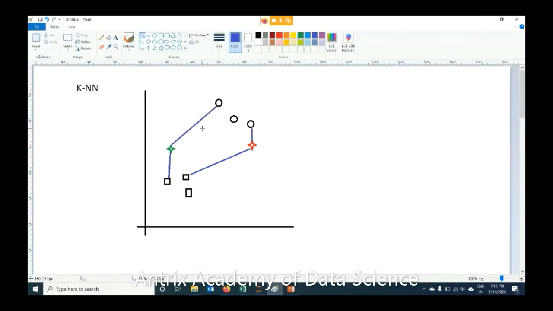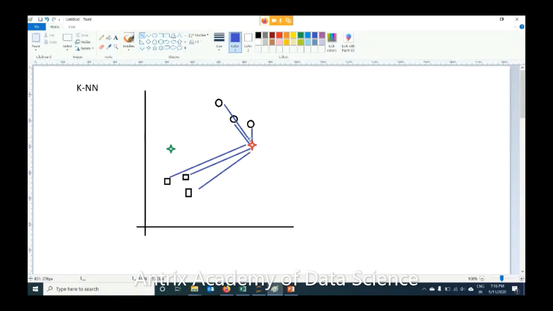So suppose I take an example, I'm calculating first, let me take the red case. I'm calculating distance with all available data points. And the lowest distance would be eligible for assigning the group to this red icon.